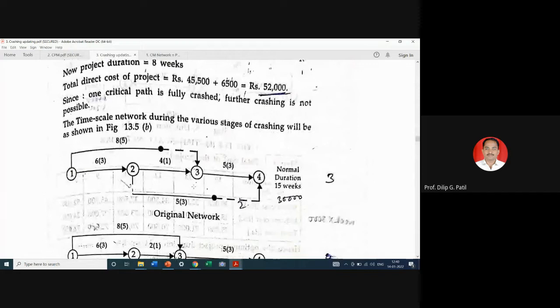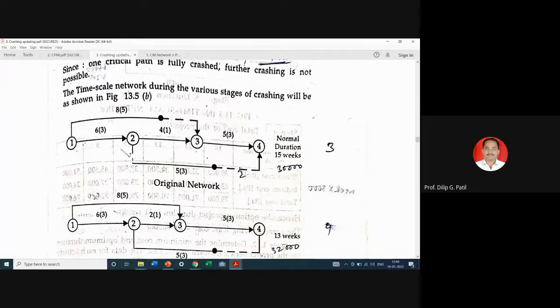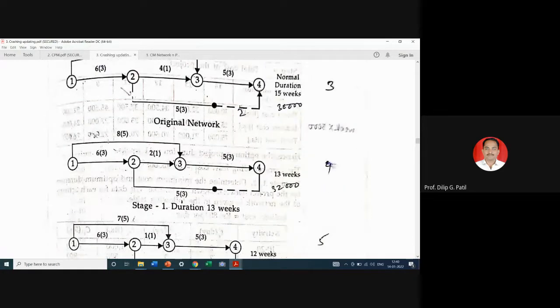बरोबर आहे. किंवा एखादी स्टेप पुढे मागे होऊ शकते, but still you can see that here there is scope to crash combinedly also. 1.3 and 2.3 can be crashed combinedly, and after that you can crash 3.4 by 2 weeks also, or after crashing by 1 week, this slack will be reduced to 1 week, and after that you can crash this activity 3.4 by 1 week.